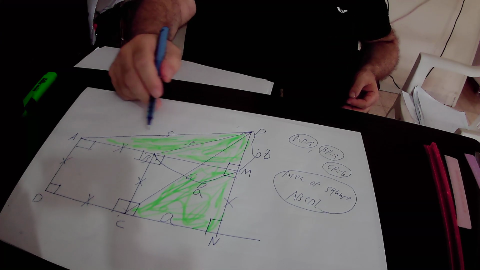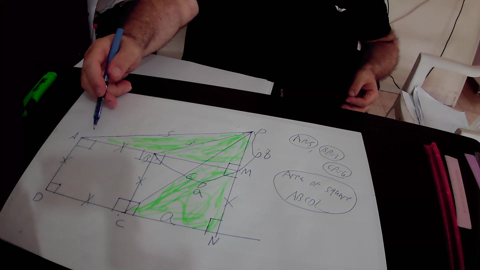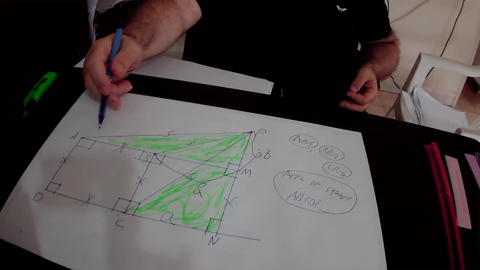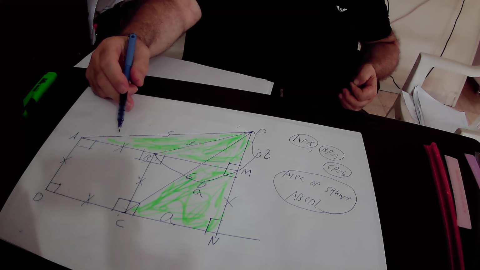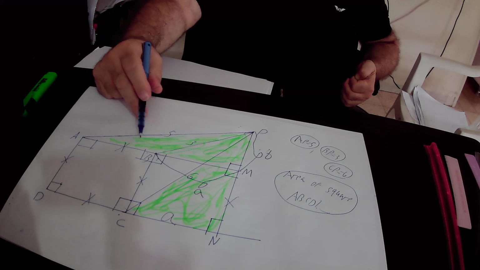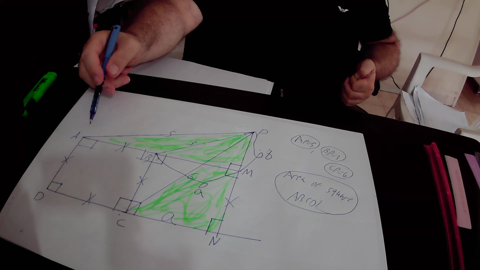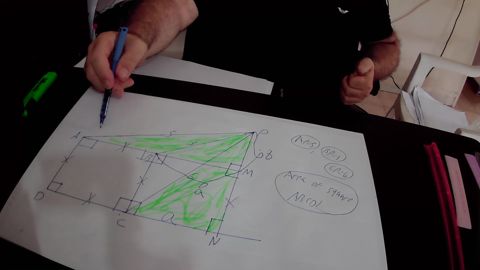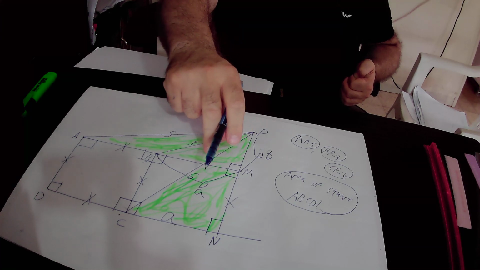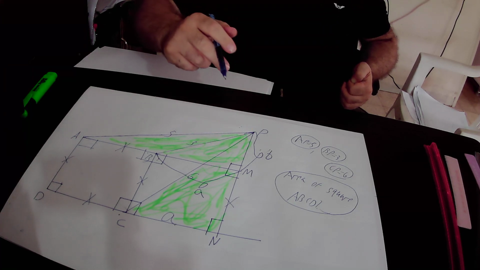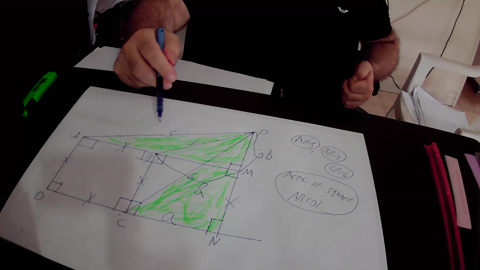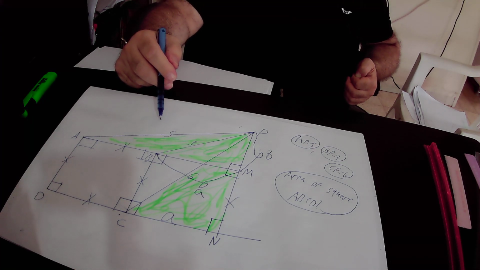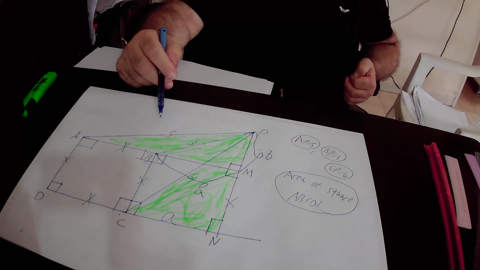Here x equals 7.17 units, and it is actually impossible that x equals 7.17 units. Why? Because if we focus on the right triangle APM, the hypotenuse AP equals 5 units. And we know that the hypotenuse is the biggest side in any right triangle.